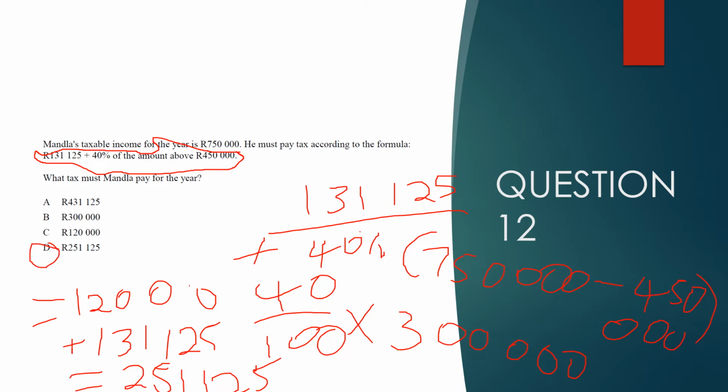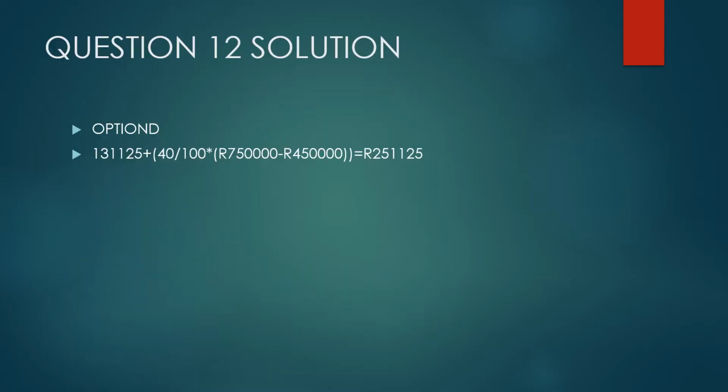Right, let's move to the next question. Here I have shown how you can do your calculations. You can punch this into your calculator, more especially when you are using a scientific calculator.